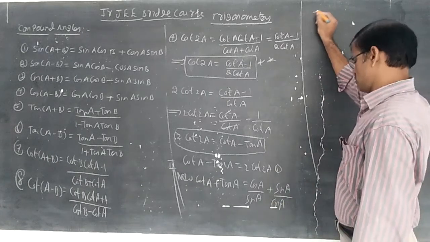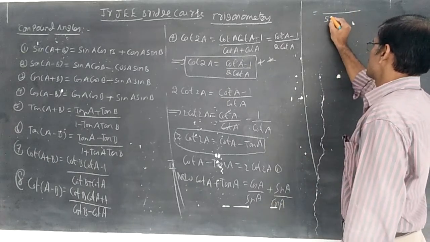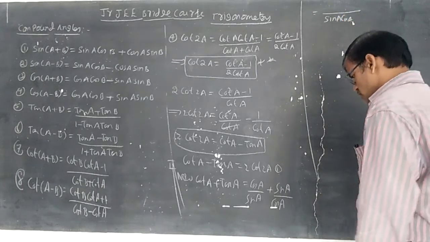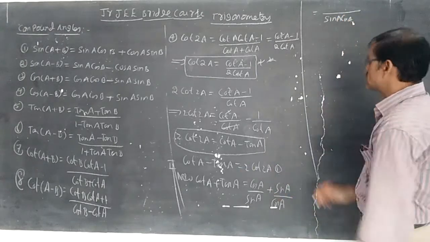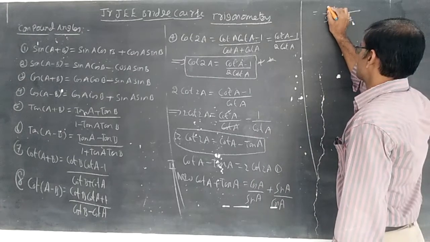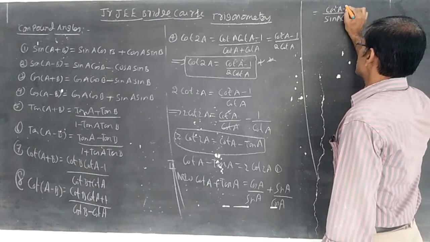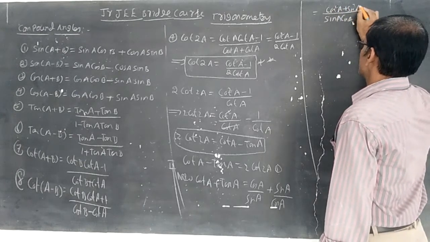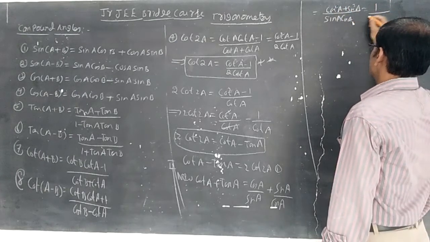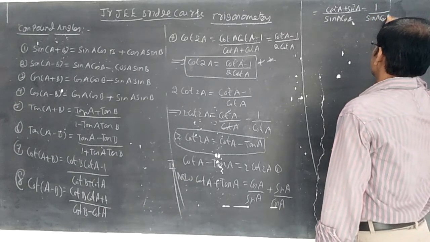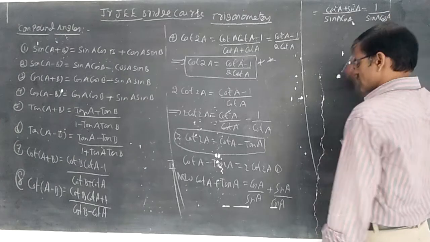Taking LCM, the denominator becomes sin a cos a and the numerator becomes cos square a plus sin square a, which is 1 by sin a cos a.